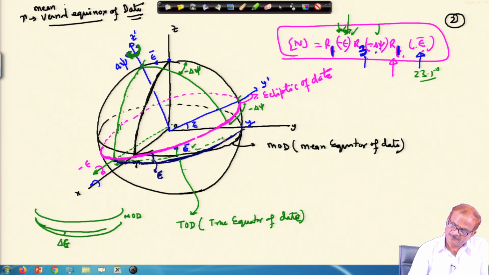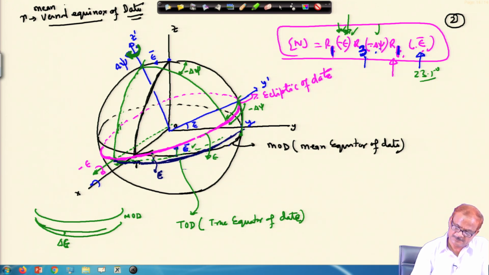So, we have gone from the mean equator of date to the ecliptic, and from the ecliptic we have taken a turn by delta psi, and thereafter once we have given delta psi, then again we are dropping the ecliptic back by epsilon angle. So, this is going down by epsilon angle.